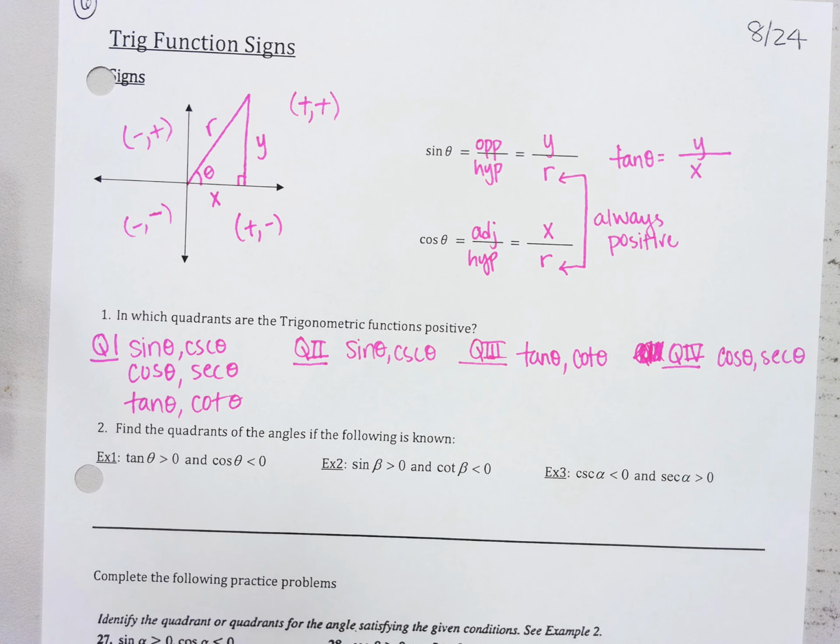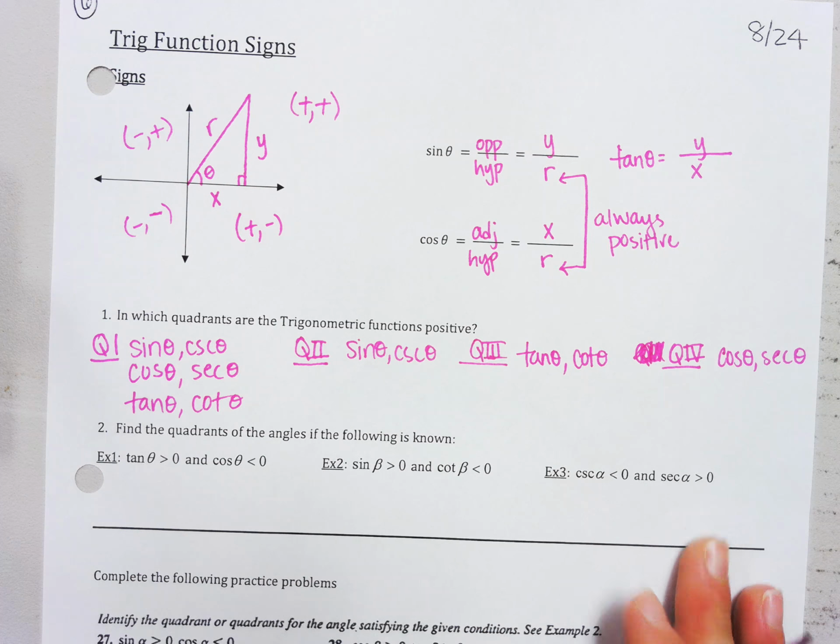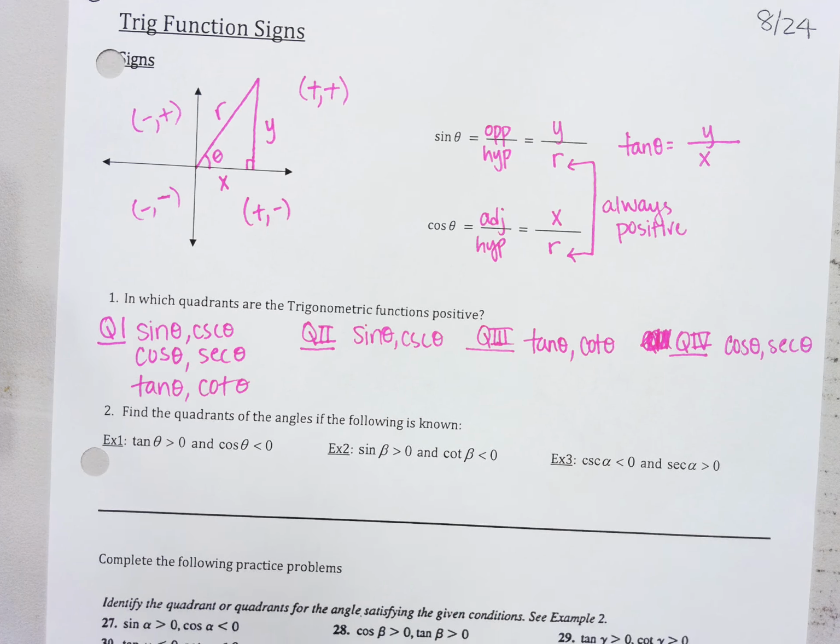So a lot of what you'll see later on in your notes and your practice, they'll give you like the cosine value, and then they'll say the tangent's also positive, and so on, and you'll have to figure out what quadrant you're in as a key component to solving the rest of the problem, because if you know what quadrant you're in, then you can tell the signs of other things, and you'll have to use that to come up with the ratio for those other ratios that you are unaware of.